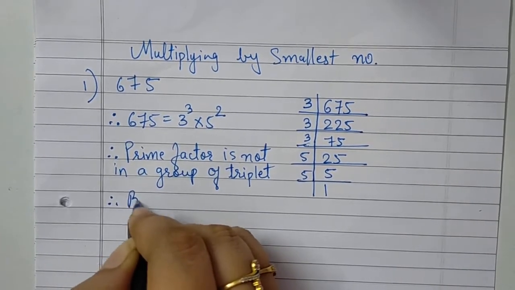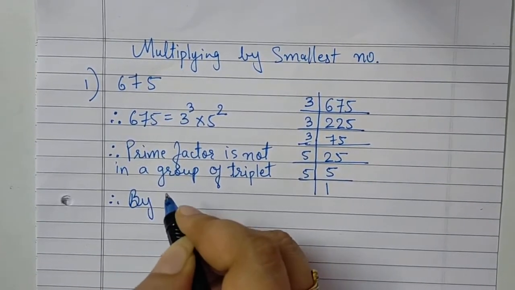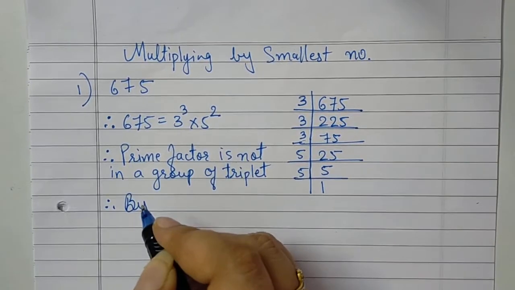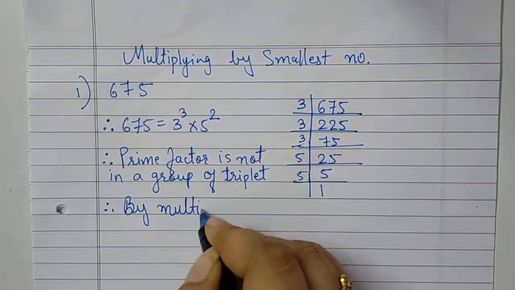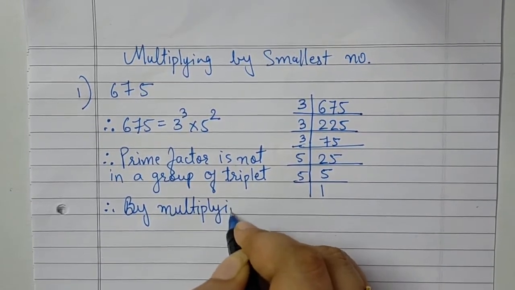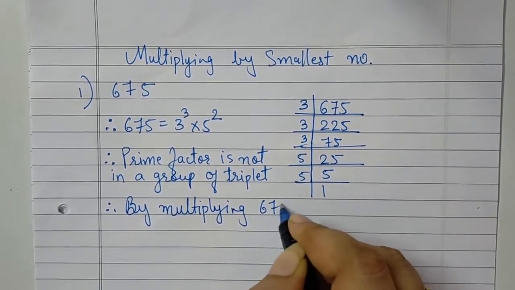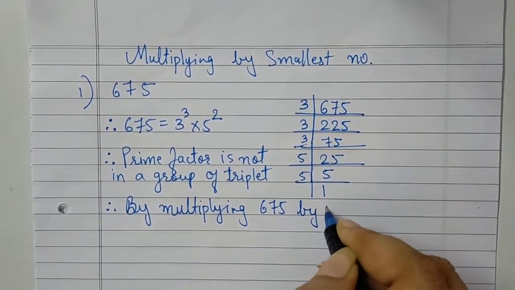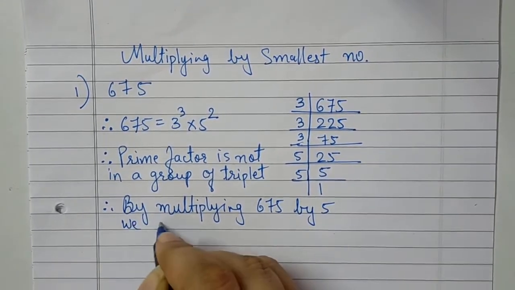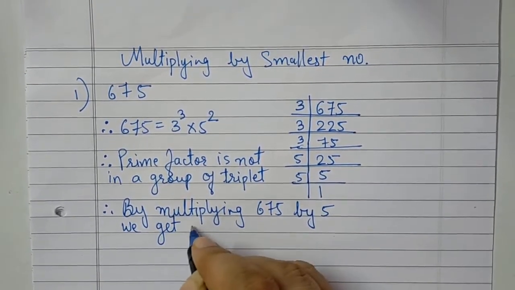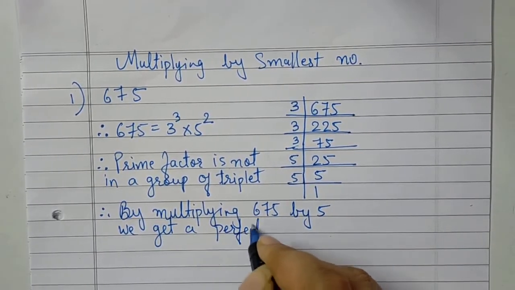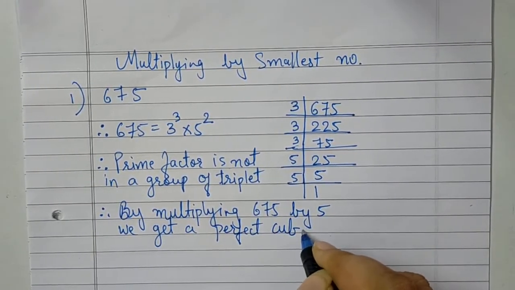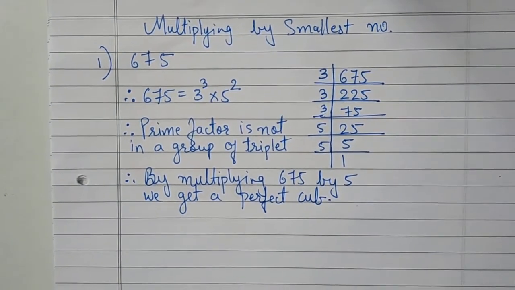Therefore, by multiplying 675 by 5, we get a perfect cube. So let us multiply it by 5.